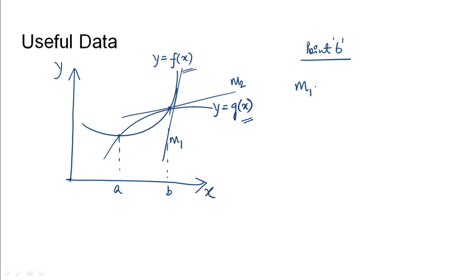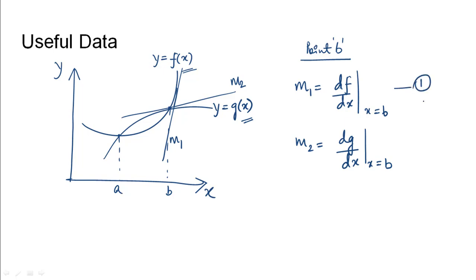So m1 will be nothing but df by dx at x equals b, and m2 would be the differentiation of the function g with respect to x at x equals b. This would result in the slopes of the tangent for the two functions at the point b.